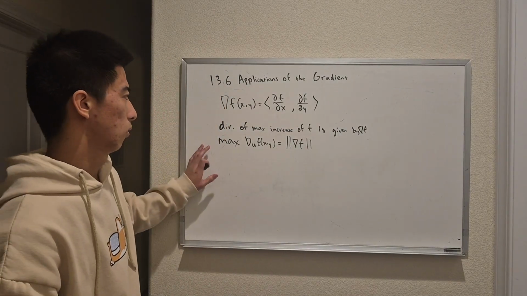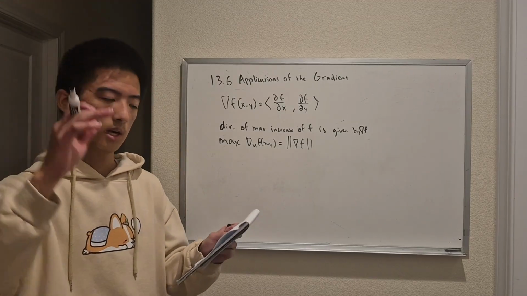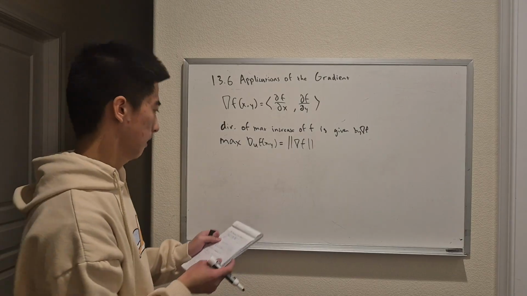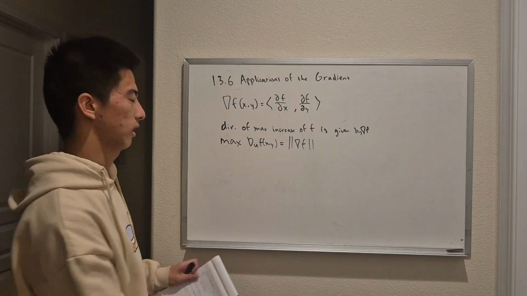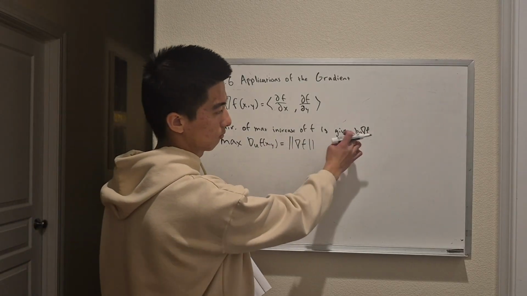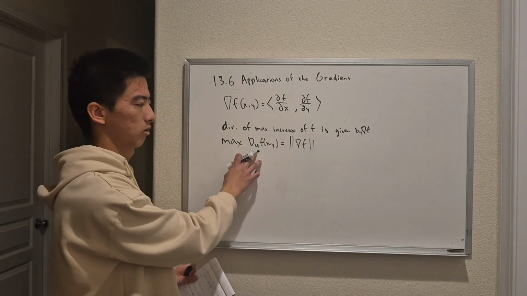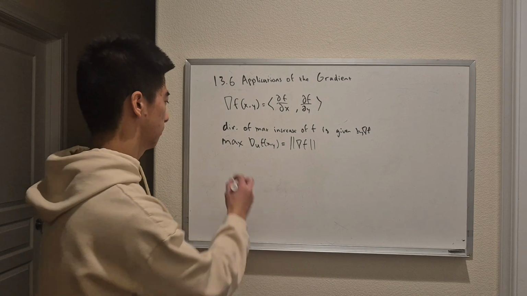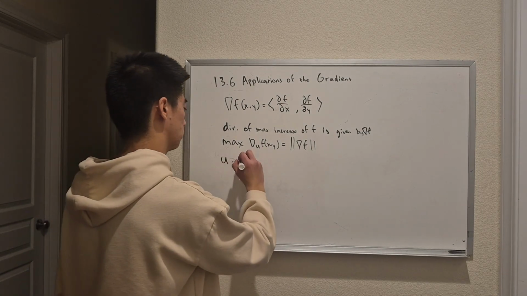So if we have some sort of surface, then our direction of max incline will be given by our gradient. We can also have the direction of maximum decrease, right? Maximum decrease would just be given by the negative gradient, and the minimum of our directional derivative would be the negative.